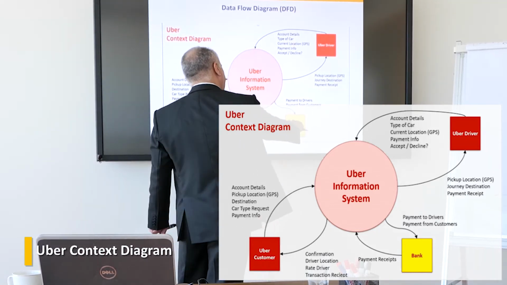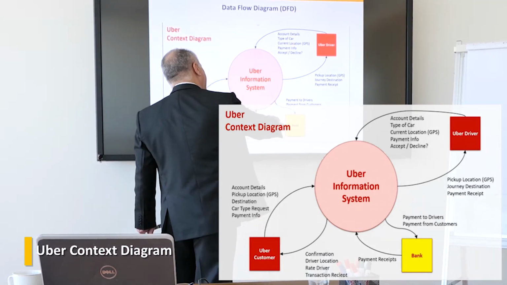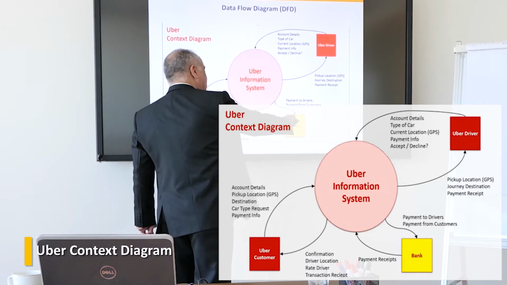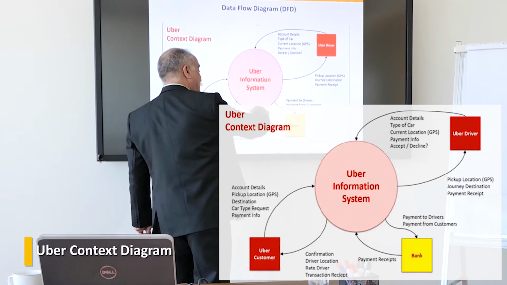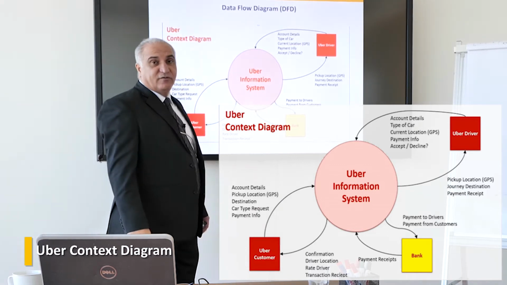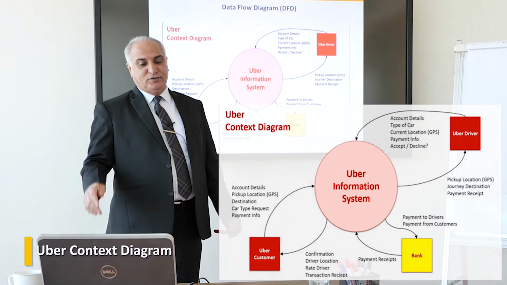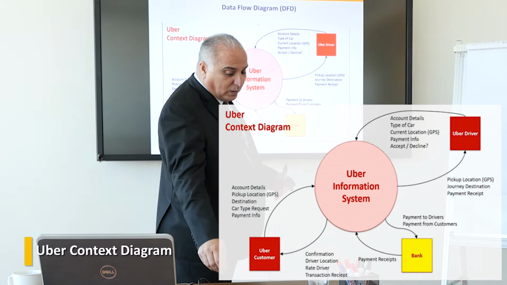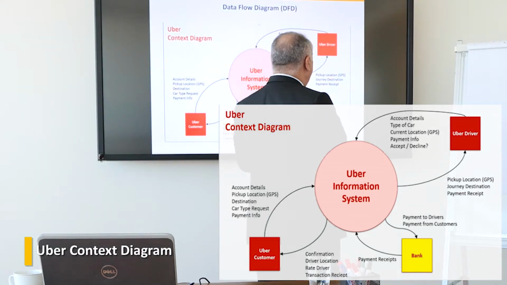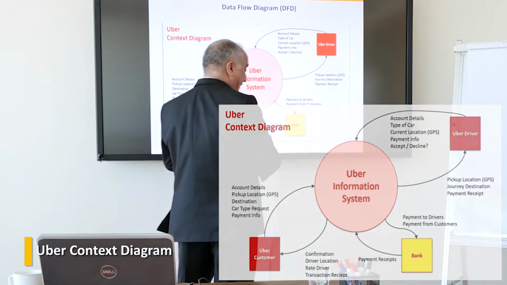The bank then sends to Uber a message telling them we have received a payment from ABC customer. So we call this model an Uber context diagram.